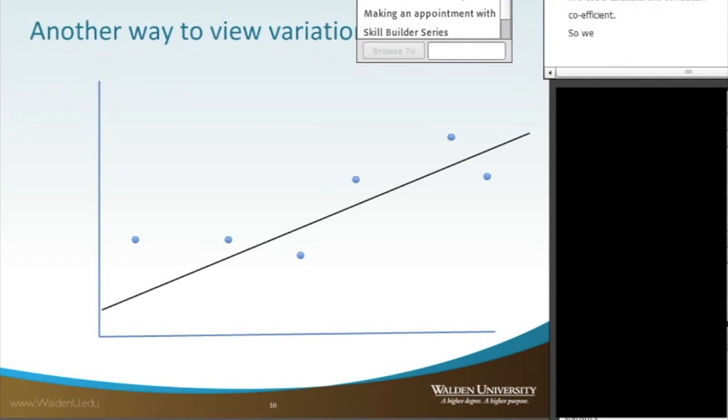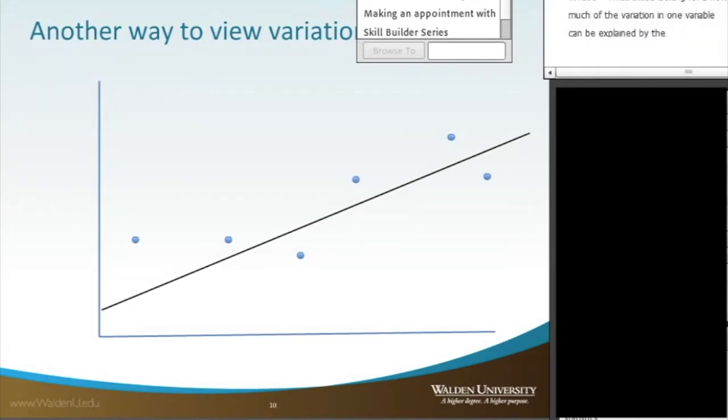So let's say, for example, we have an R value of 0.8. That's a pretty good correlation. What we're looking for also is the variance. The variance is the R squared. So 0.8 times 0.8 would be 0.64. What that's looking for is how much of the variation in one variable can be explained by the other variable.